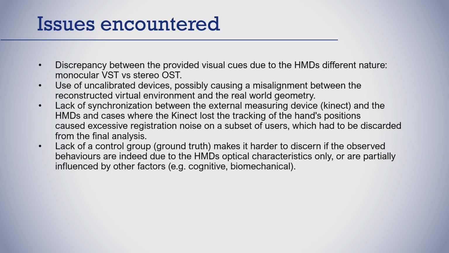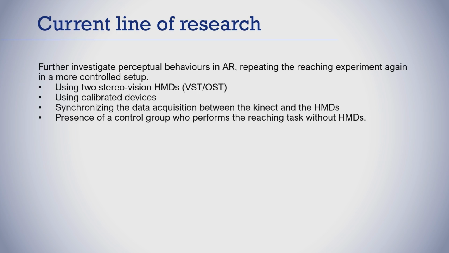And also, we did not have a control group, so it is not simple to say if part of the underestimation is due to biomechanical factors, for example, because maybe the target was very far away and you physically were unable to reach it because your arm is too short, or because of the optical properties and perception aspects of the human.